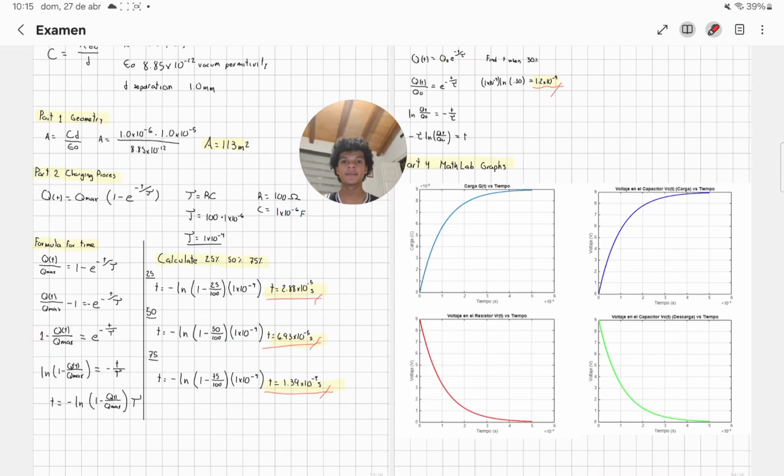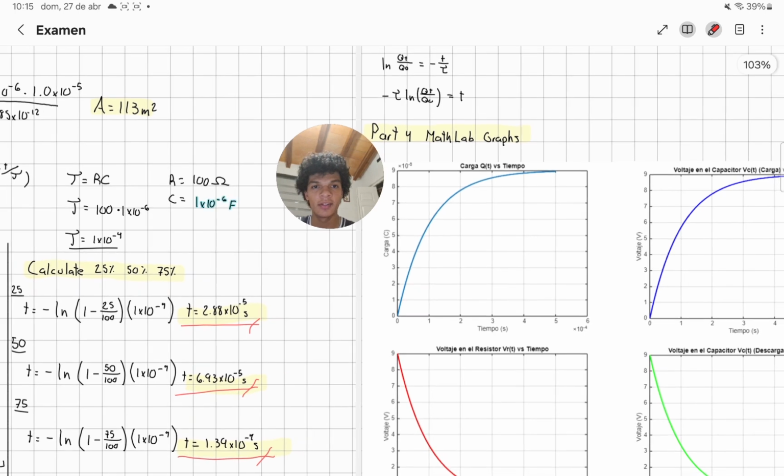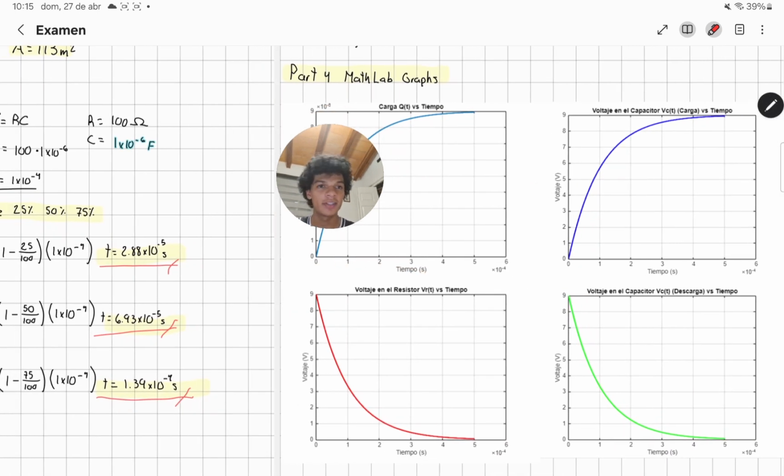Then the exam asks us to do all the graphics in MATLAB. And here they are: the charge versus time, the voltage across the capacitor in the charge phase, the voltage across the capacitor in the discharge phase, and the voltage in the resistor across time.